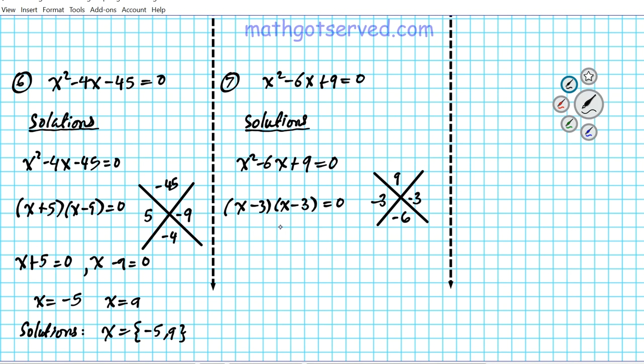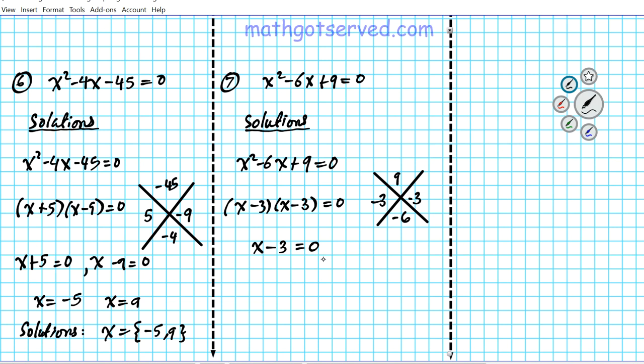Now what you notice here is that these two quantities are identical. So you're going to have a double root situation, okay? So we have x minus 3 equal to 0. Since they're both the same, you don't have to solve them multiple times. Just solve them once, and that will be your answer, okay? All right, so we have x minus 3 equal to 0 twice.